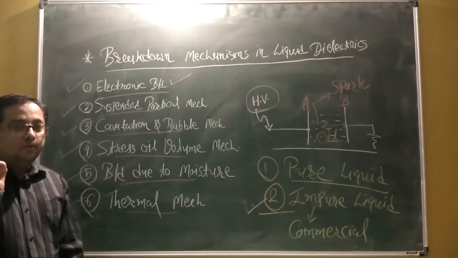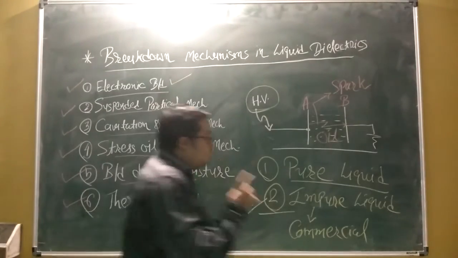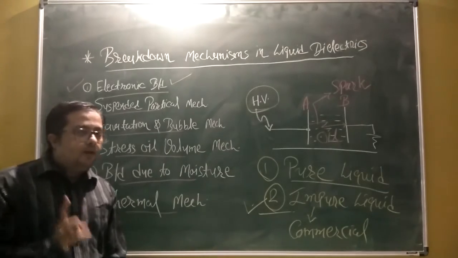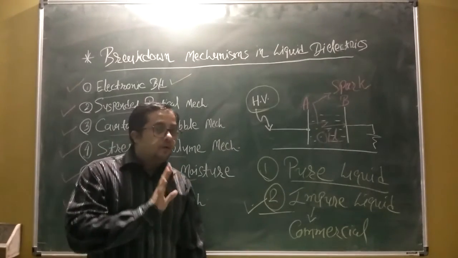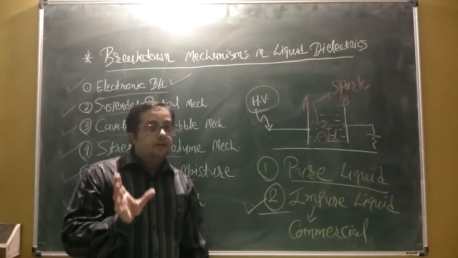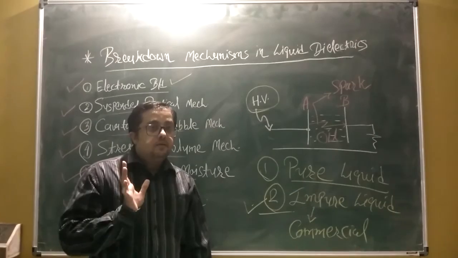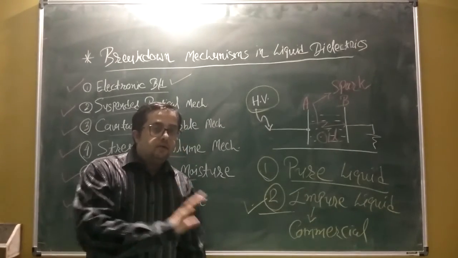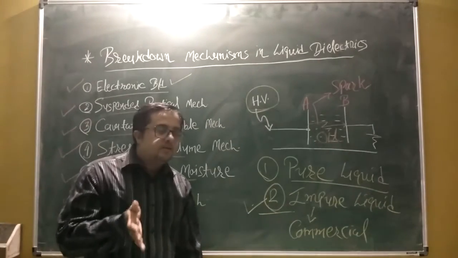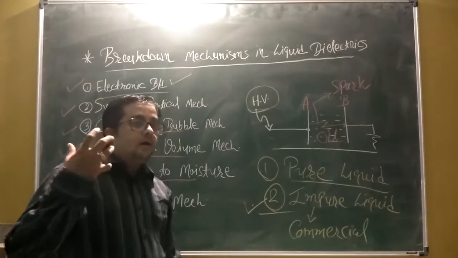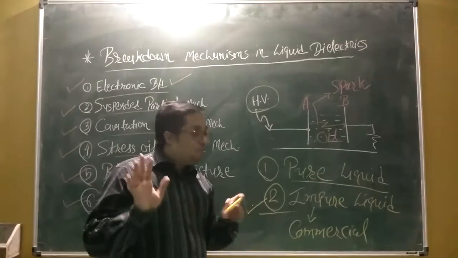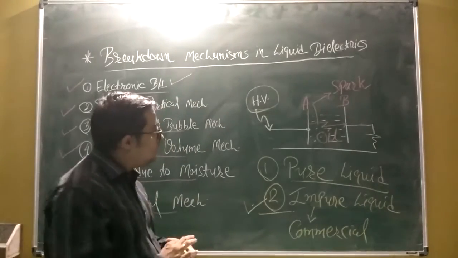To use that commercial liquid for insulation, first we need to purify the oil. We have already discussed the role of the purification system in a previous lecture, so I am not going into that detail, that is, how the purification of the oil is done. Once the purification is completed, then how we can determine the quality of the oil, today I am not going to focus on that concept.